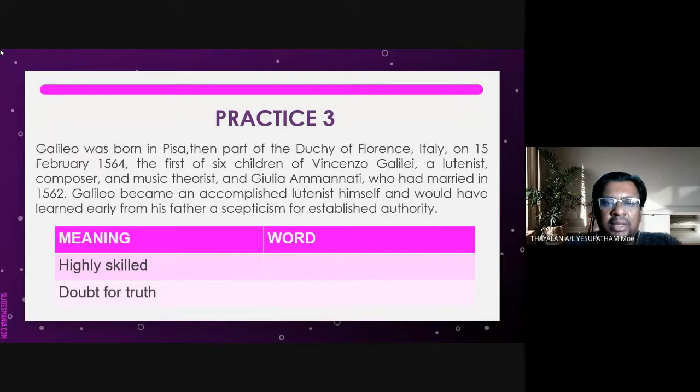Galileo became an accomplished lutenist himself and would have learned early from his father a skepticism for established authority.